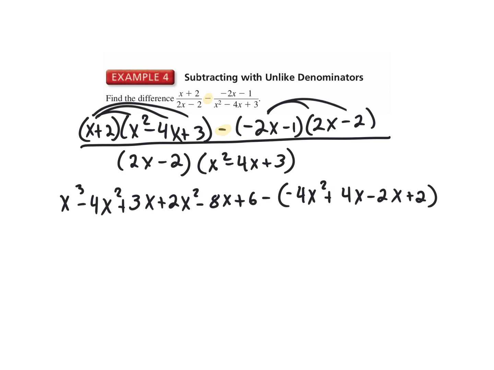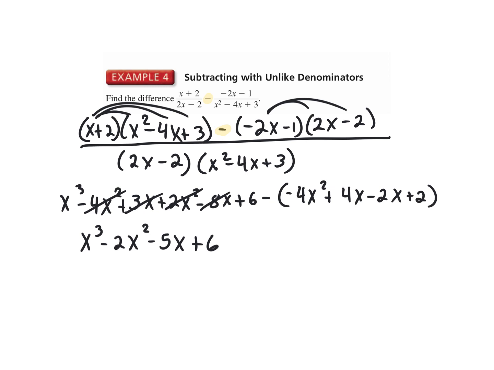Again, I'm not writing the numerator yet. I'm going to write that at the very end. I'm going to distribute that negative and combine the like terms before the negative as I can. So we have the x cubed. We have these two which are squares, so it's going to become negative 2x squared. We have this 3x and this negative 8x, which is negative 5x plus 6.